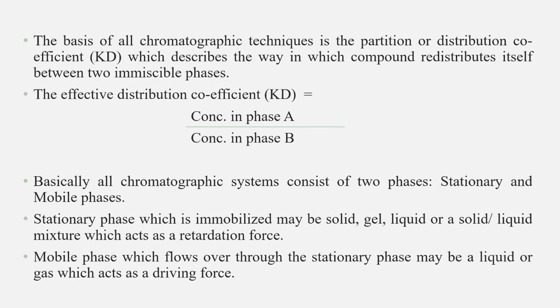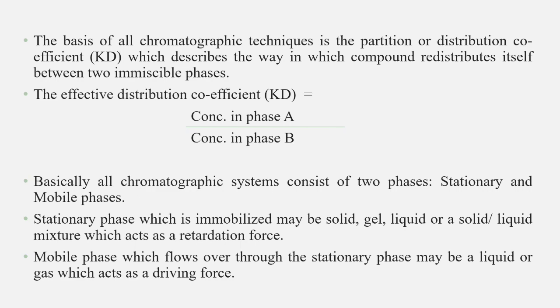One is the mobile phase, one is the stationary phase. All chromatographic systems consist of these two phases. What do we mean by stationary phase? The stationary phase is immobilized.